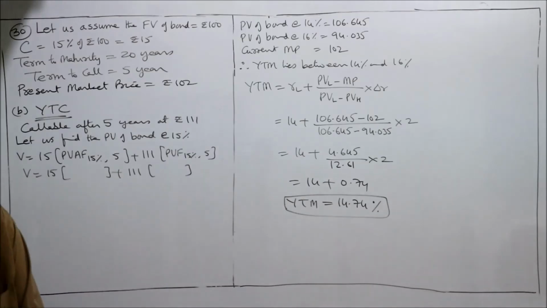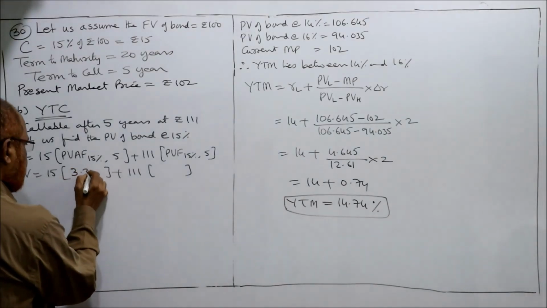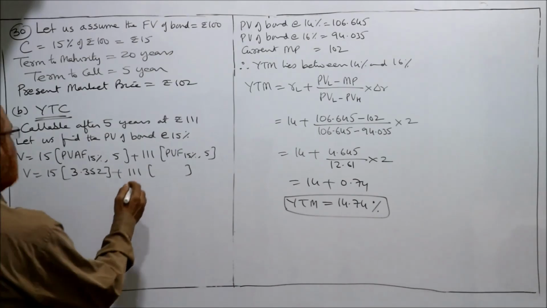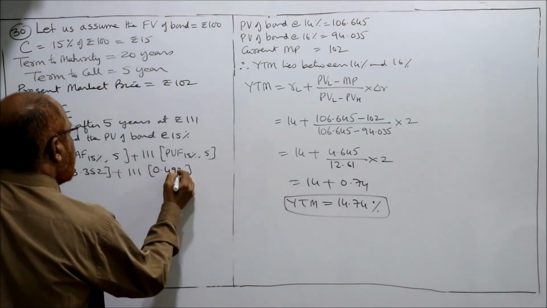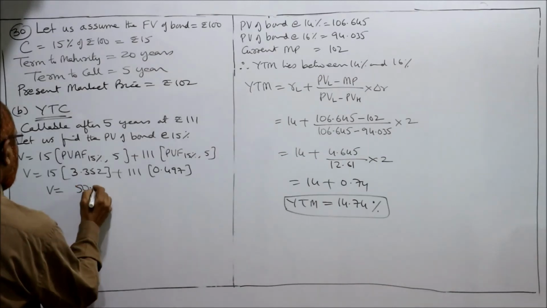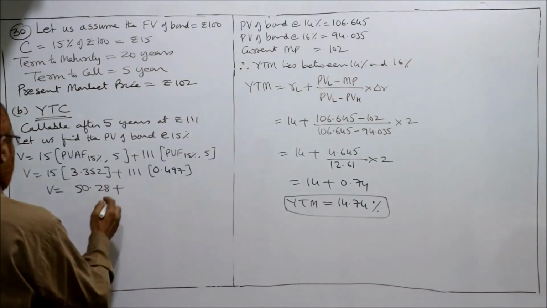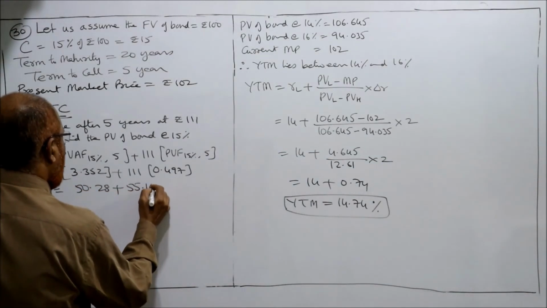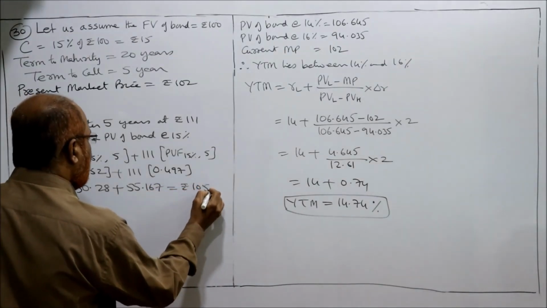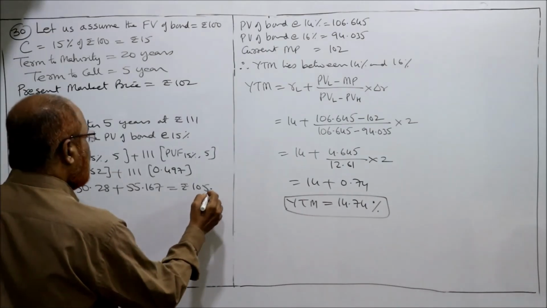Now 15% 5 years, 3.352, and here it is 0.497. So V is equal to 50.28 plus 55.167 is equal to rupees 105.447.